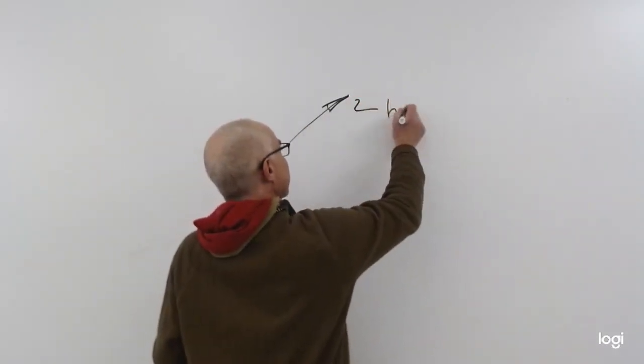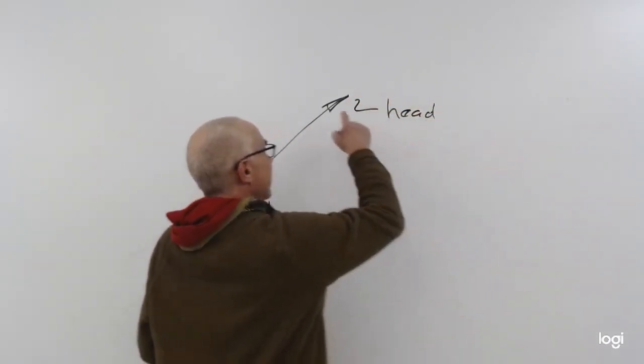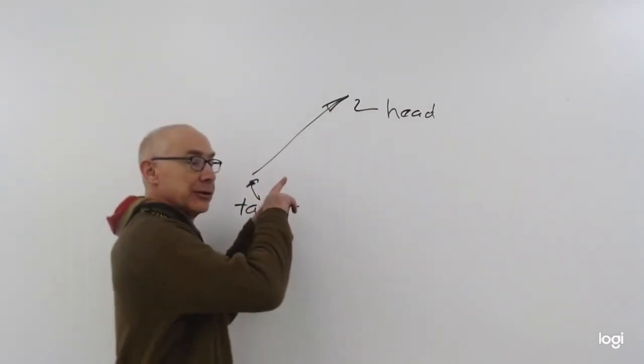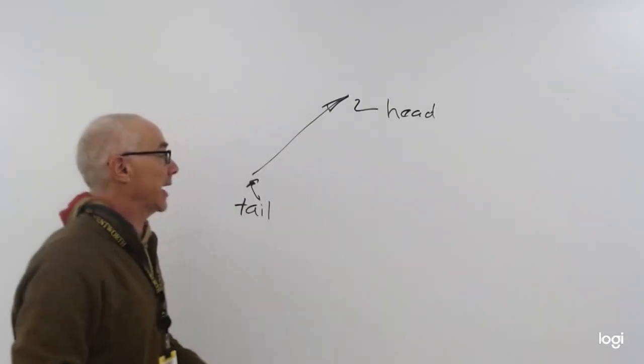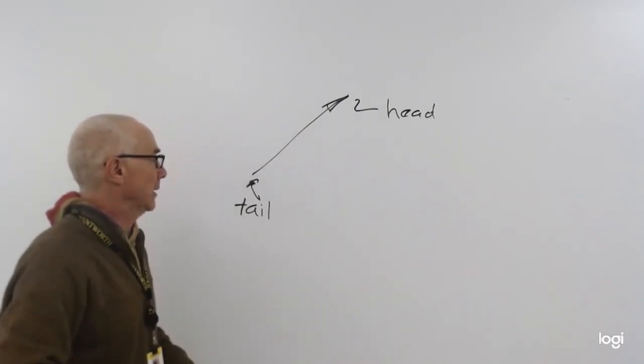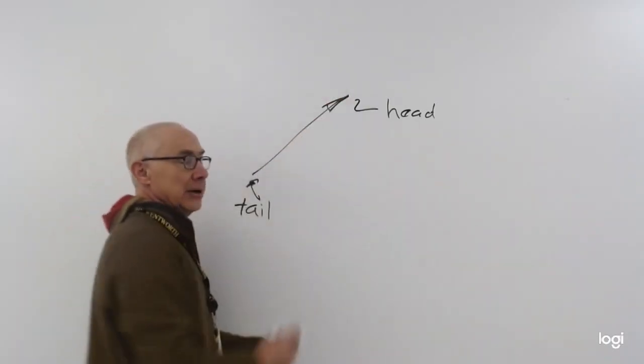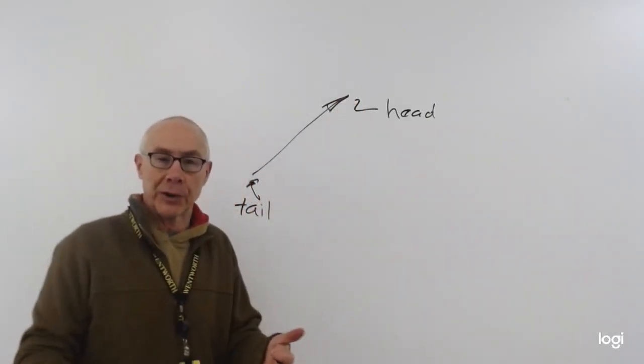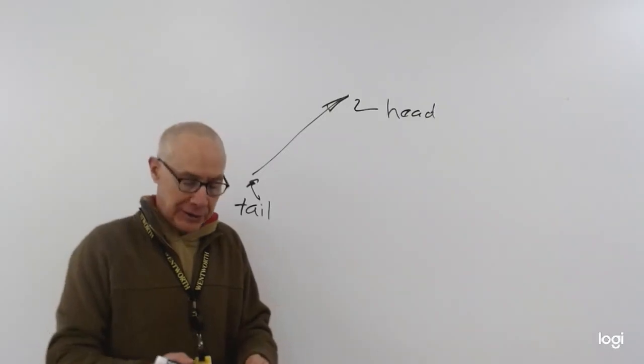This is the head. What you always see is an arrow on the vector. The arrow tells you the direction that the vector is pointed, and the length of the vector shaft is proportional to the magnitude of the vector.